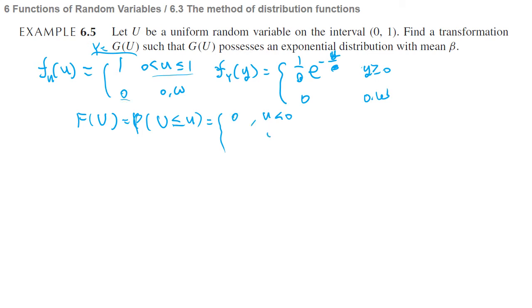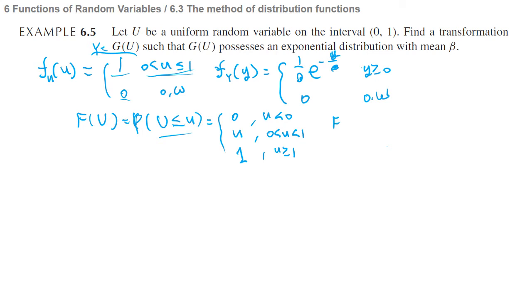When u is in 0 to 1, if you integrate this density function over this region, you will easily find this is u. And when u is greater than or equal to 1, then this whole interval is included, and the distribution function has value 1. Okay, this is the distribution function for U.